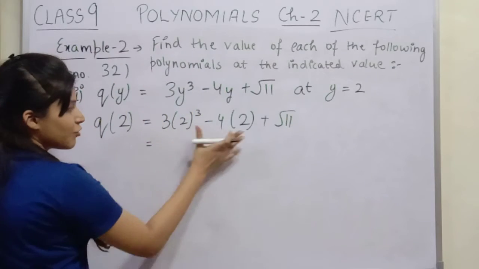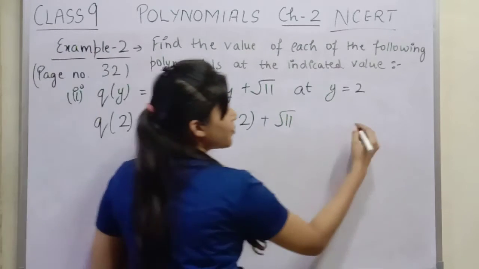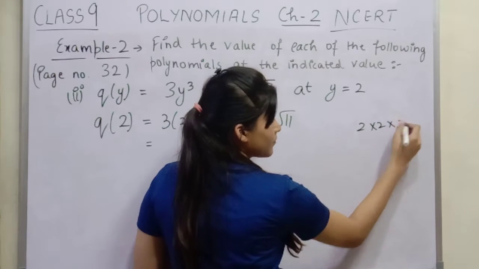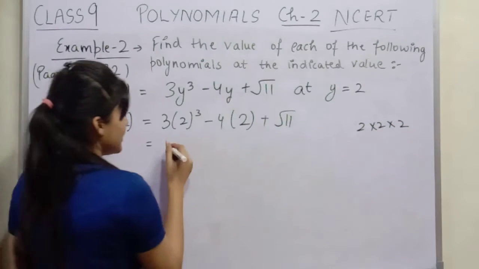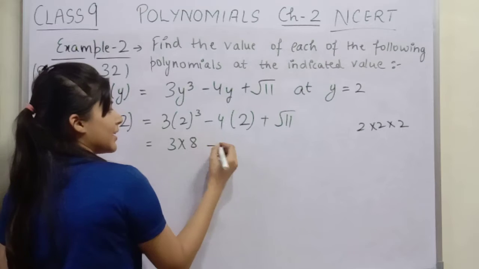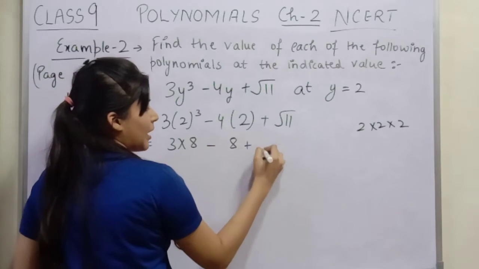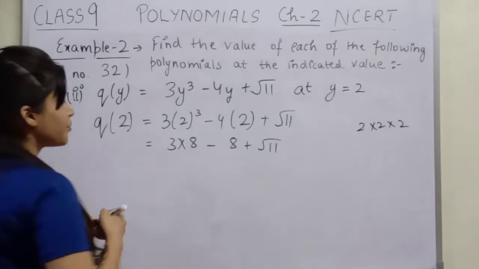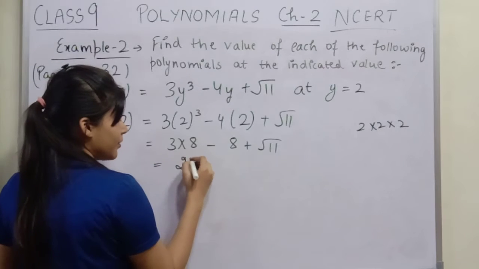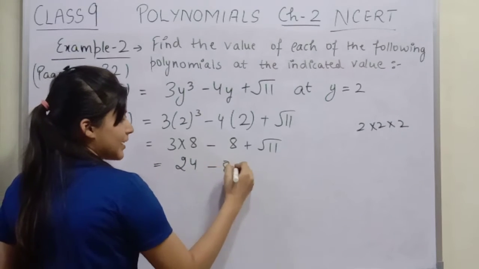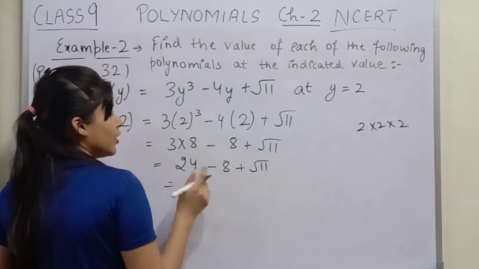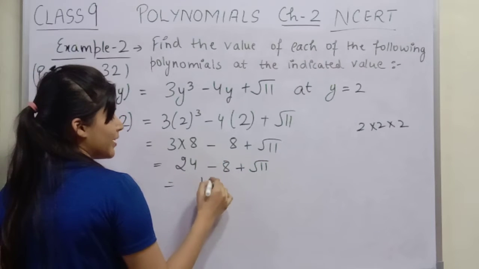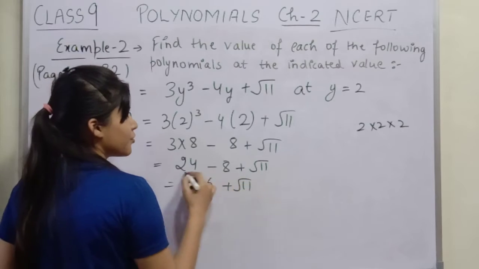So now we need to solve this. 2 cube, 2 into 2 into 2. 2 twos are 4, 4 twos are 8. So 3 into 8 minus 4 into 2 plus root 11. Now 3 eights are 24 minus 8 plus under root 11. 24 minus 8 will give 16. 16 plus under root 11.